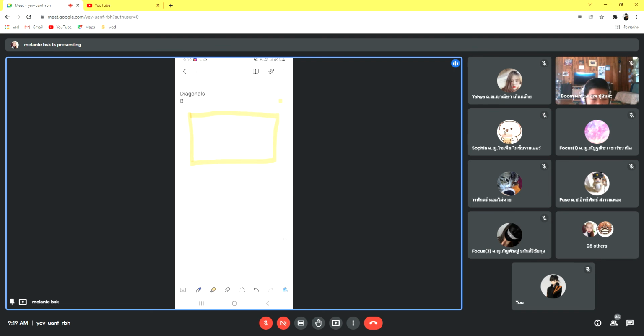This point is O. This one is N. This is R. So what is the name of this quadrilateral, children? What is the name of this quadrilateral?